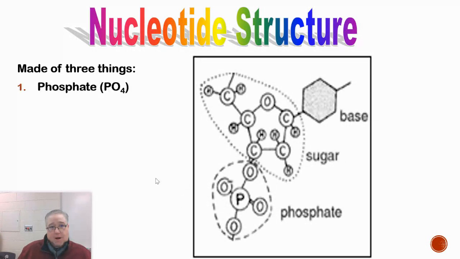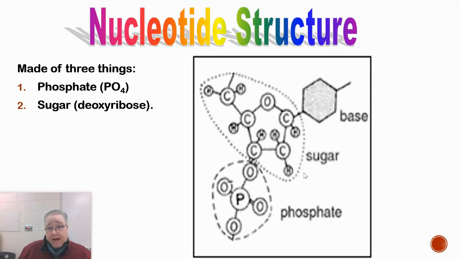One of them is what we call a phosphate group. It's PO4. That's what we see down here, right? You have a phosphorus atom bonded to four different oxygens. So that phosphate is always a component of a nucleotide. The second part is a sugar, right? Here's our sugar unit here.